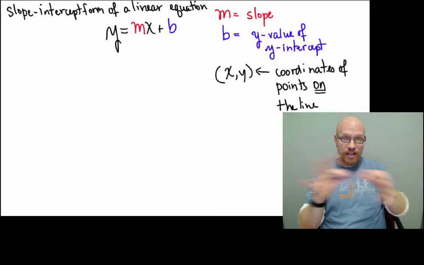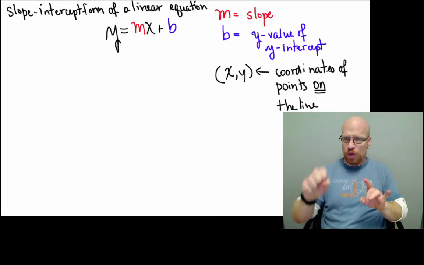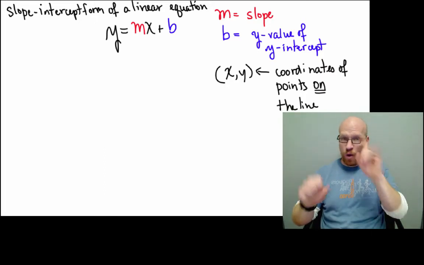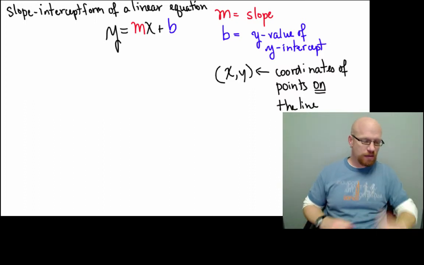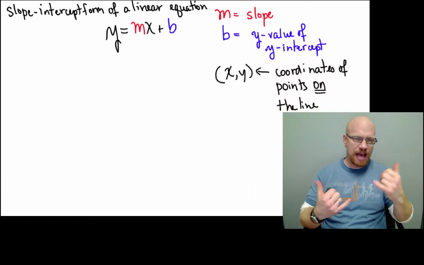From those types of equations, I can find the slope right there, if I know where to identify it, and the y-intercept, the y value, b. Our next two problems say that now.